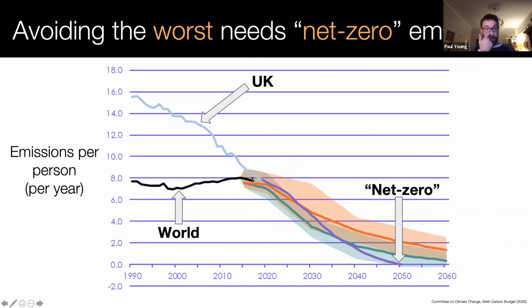It has decreased by about half over the last 30 years, but we need to decrease by half again over this next decade, and we have this target of reaching net zero emissions by 2050. So the challenge is pretty big, but it's obviously something that we need to rise to.